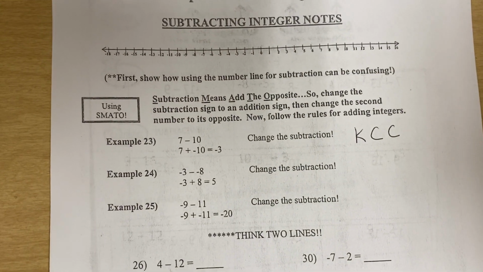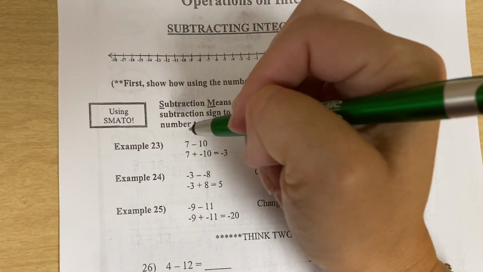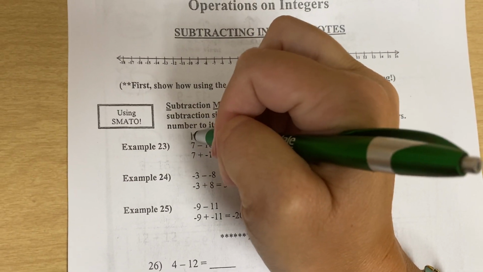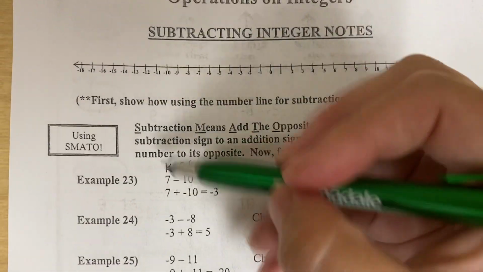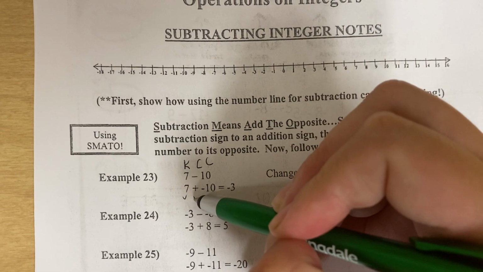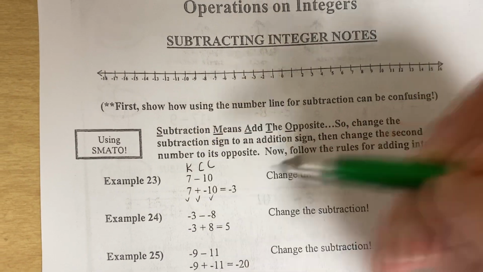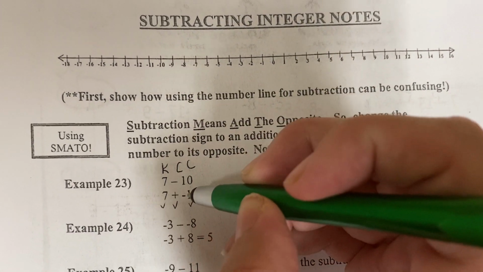Let's look at the examples they did before you go on to the do now. The original problem was 7 minus 10. I do keep, change, change. Let's see if they did it correctly. They kept the 7, which is good. They made the minus a plus, which is good, and made the positive a negative. We're going to add an extra note here: 7 plus negative 10.